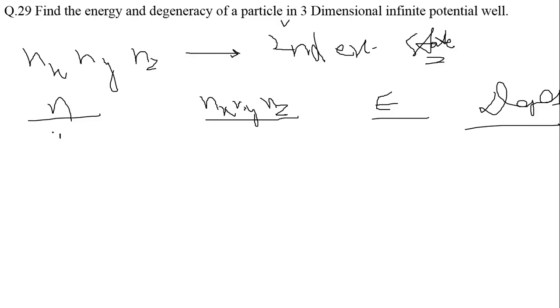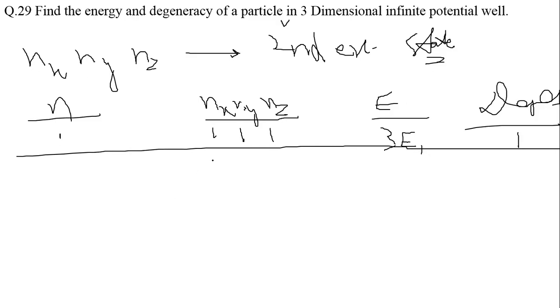For the ground state, nx, ny and nz were all 1, so the energy was 3E1, and there was no degeneracy, that is, the degeneracy is 1. But when we talk about the first excited state, the nx, ny, nz values will be different.